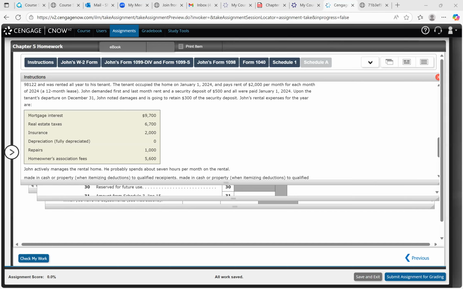We have total income here of 114,004. We know that the standard deduction was the 17,147. So we should see that his taxable income here is the $96,857.